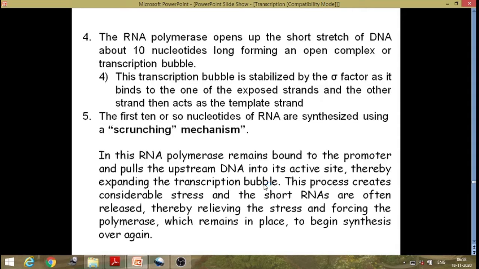They are released because of the stress, and then the enzyme again starts the transcription process. It again forms the 10 nucleotide long RNA by pulling the upstream DNA into its active site. This is called the scrunching mechanism.